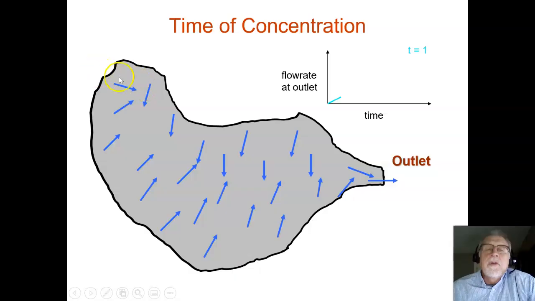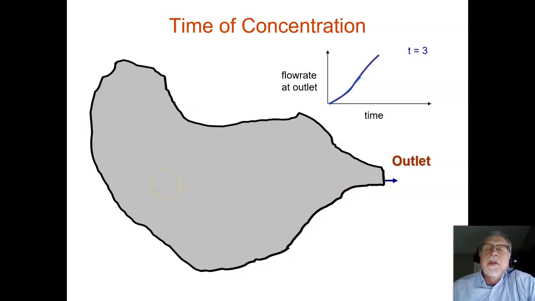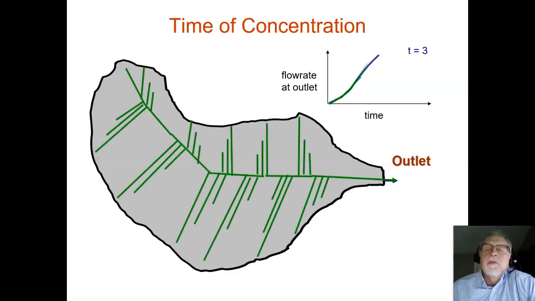So finally the water from the farthest point, which might be the farthest in time, which might be the farthest in distance, or it might be a point here that has a really slow flow path or a windy flow path to get there. So when finally the whole watershed is contributing to the runoff, that's the time of concentration.